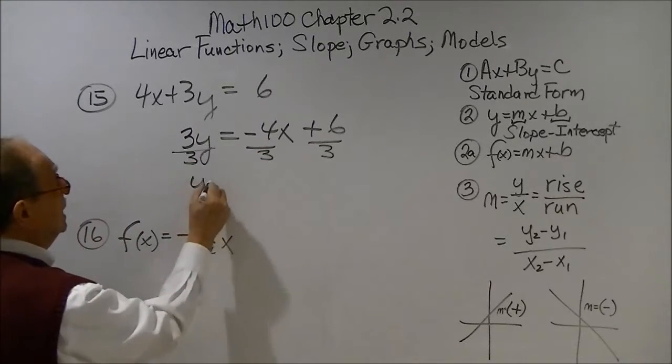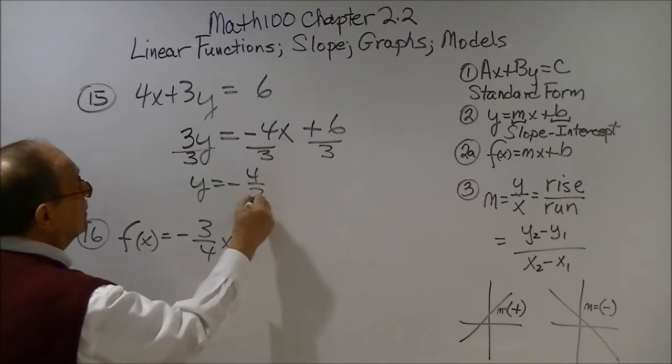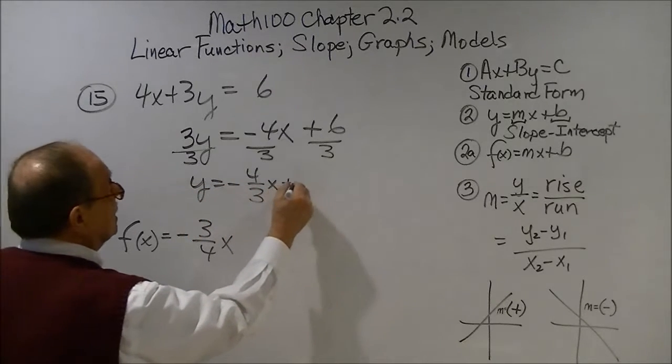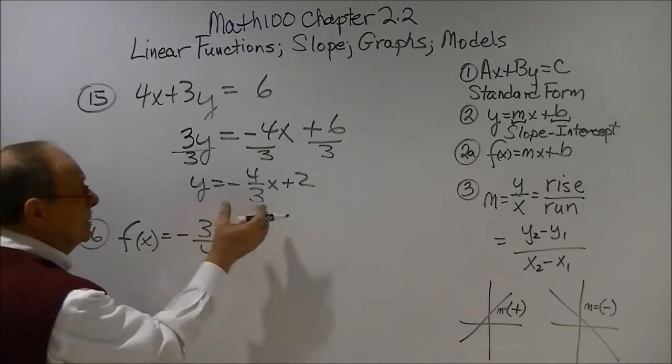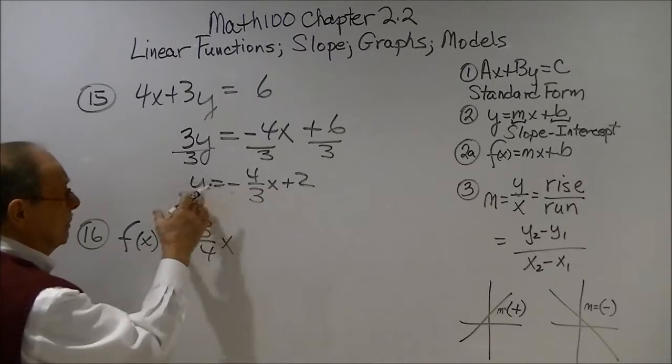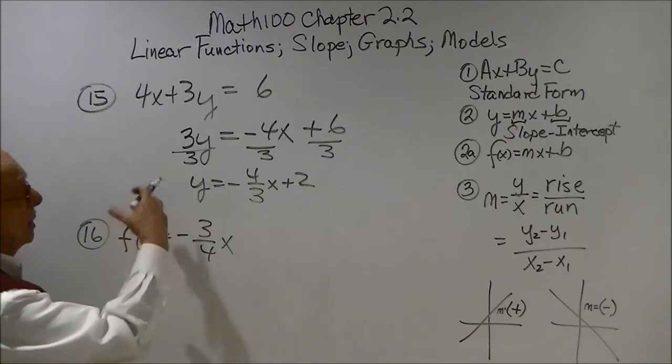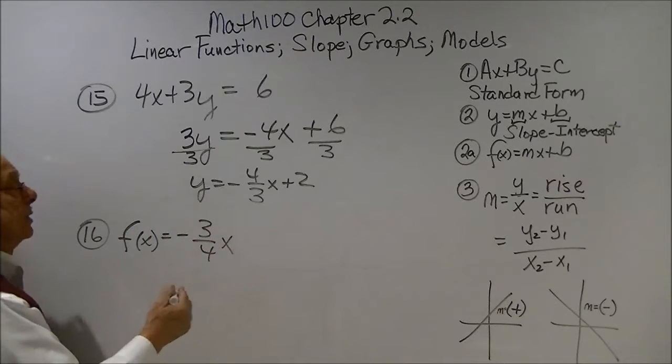And I get y equals a negative 4/3 x plus 2. So this is a trait that you should have picked up in chapter 1 when we were solving for various letters, but we're using it and you're reviewing.